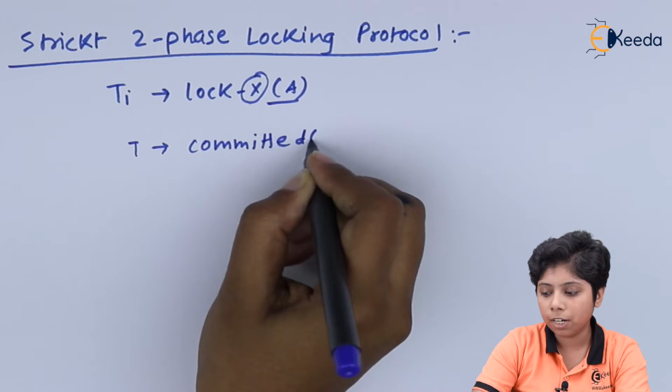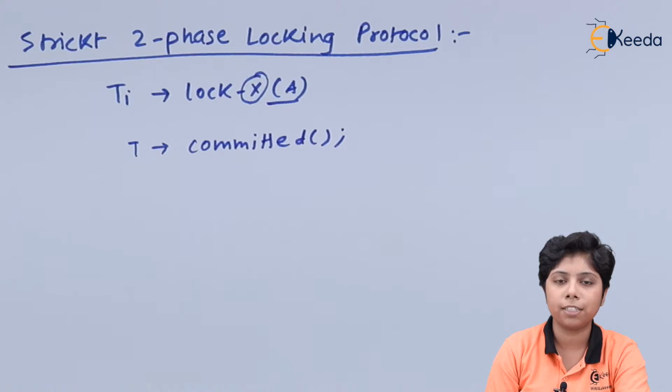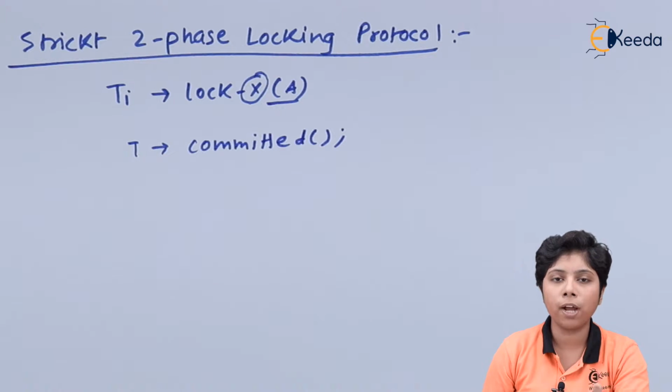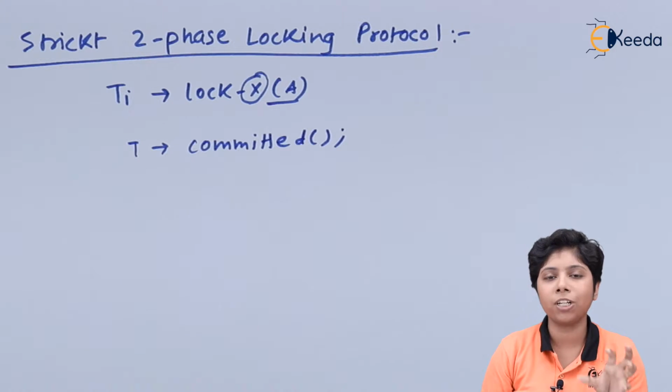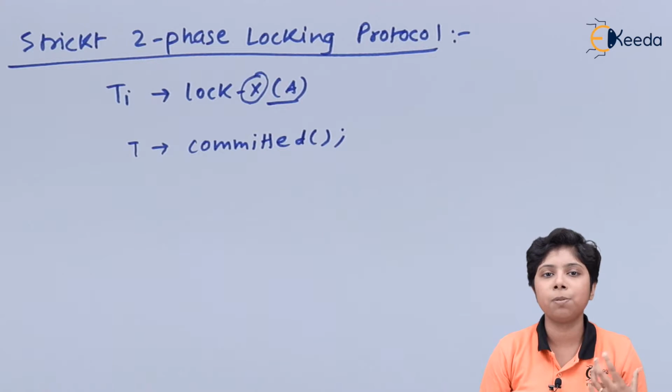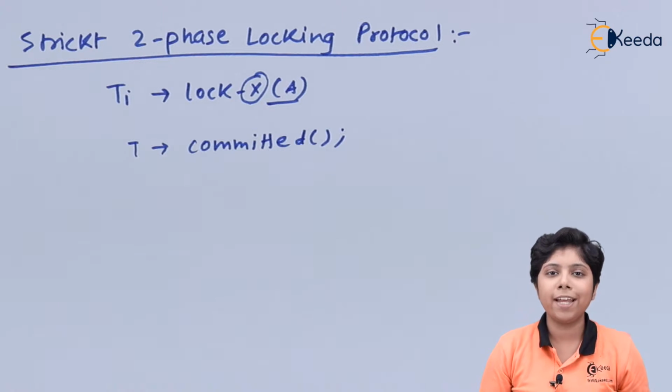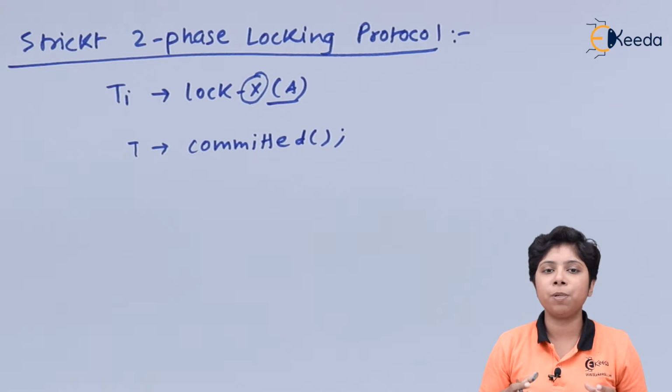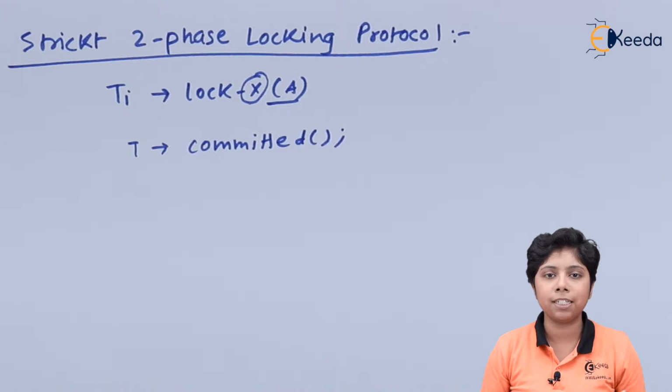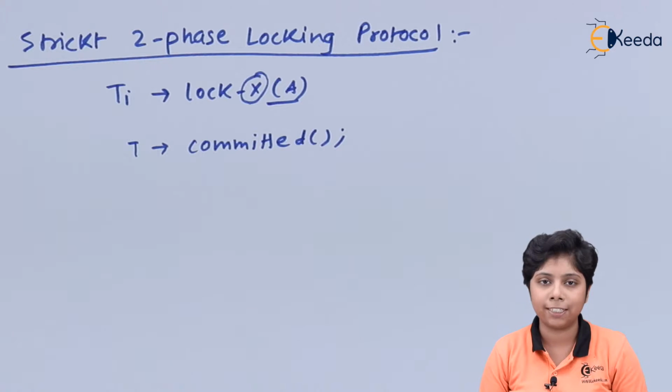That means if the transaction is in the uncommitted state, it will hold the exclusive lock on any data item that it has acquired at any point of time. So it is ensuring that if the data item has been acquired by the transaction and it has not been completed, somewhere in the later stage the transaction may need to write or read that particular data item.